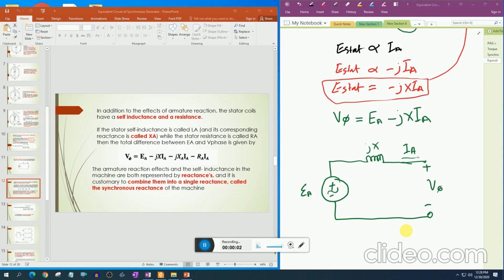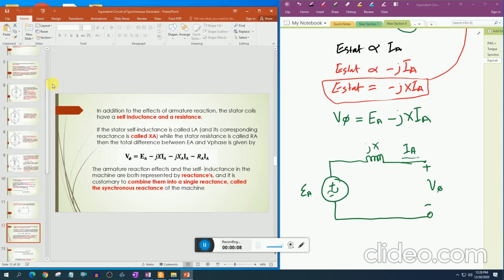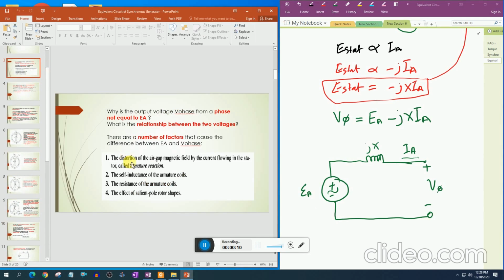Till now we modeled the armature reaction, which we studied as the first factor. This is the first factor that causes the difference between EA and V phase. The second factor is the self-inductance or reactance of the armature coil, and the third one is the resistance of the armature coil.